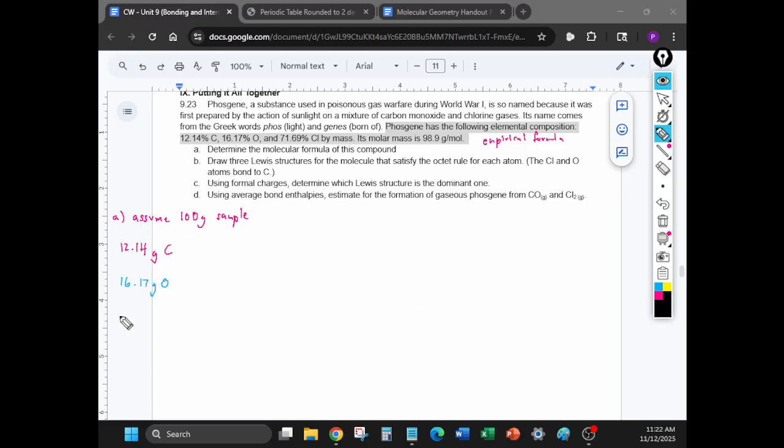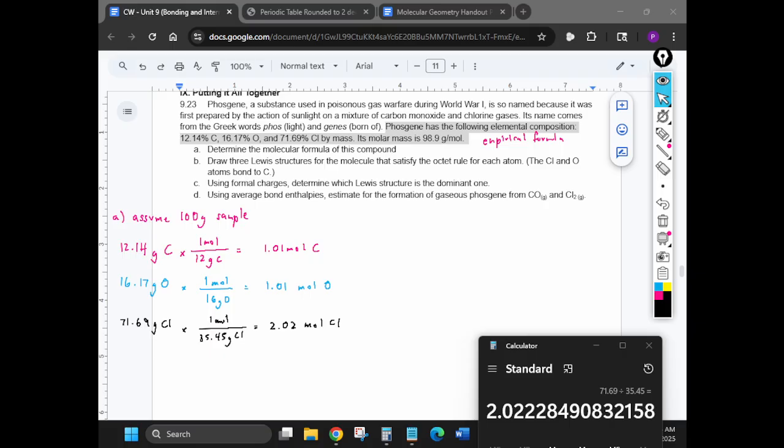And our 71.69% becomes 71.69 grams of chlorine. The first thing you want to do is convert all of these to moles. I am going to give you about a minute or two. See if you can convert all of your grams here into moles. You're going to need the periodic table for that and your calculator, so go ahead and take those out.